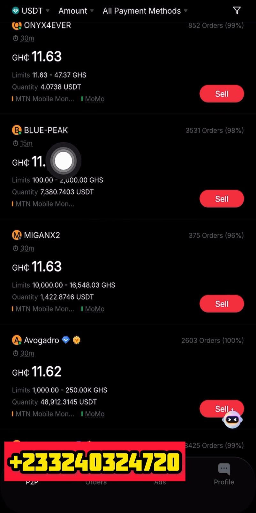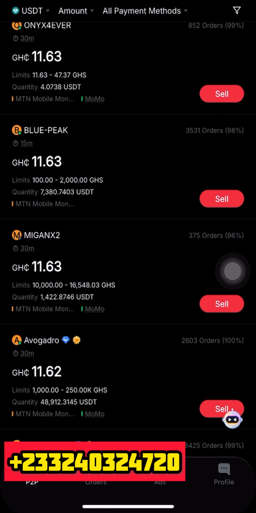This person accepts 100 Ghana cedis to 2,000 Ghana cedis, so I think I can trade with this person, and they use MTN mobile money. If you're using Vodafone Cash, you can search for a person who uses Vodafone Cash. But I have MTN mobile money connected, so I'll use it to do this.